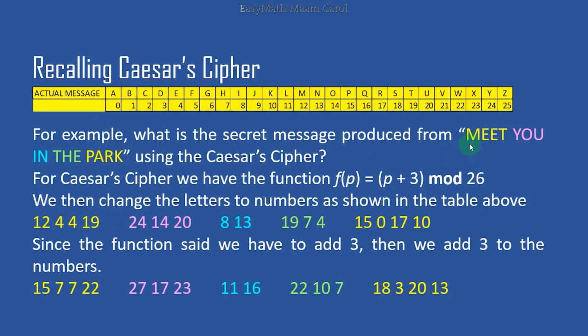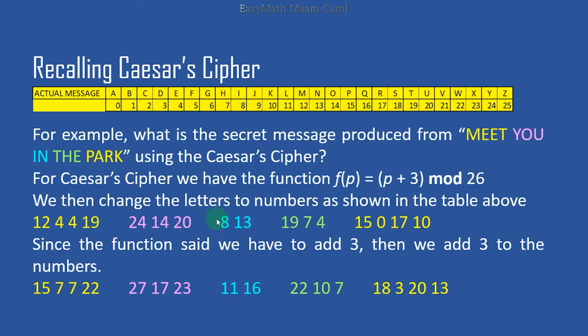So, the word meet, in yellow: M is 12, E is 4, E is 4, and T is 19. So 12, 4, 4, 19 is the replacement for the word meet. The word you, in pink: Y is 24, O is 14, U is 20. Then the word in, in blue: I is 8 and N is 13.